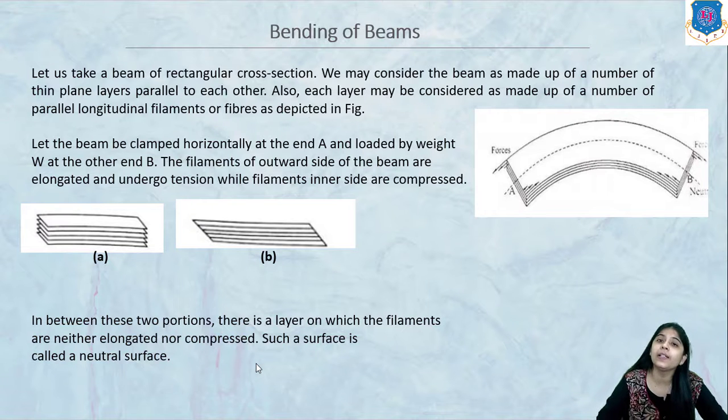The length of the filaments on the outer side is increased, and on the inner side is decreased. There is a surface between these two portions on which the filaments are neither elongated nor compressed. This surface is known as the neutral surface. So this is all about bending of beams.